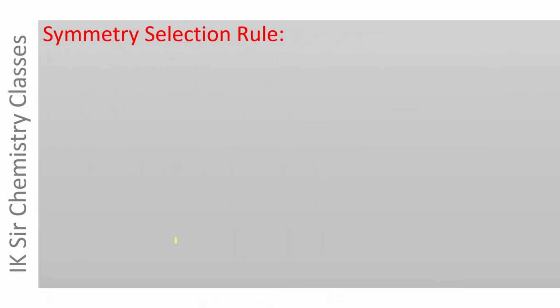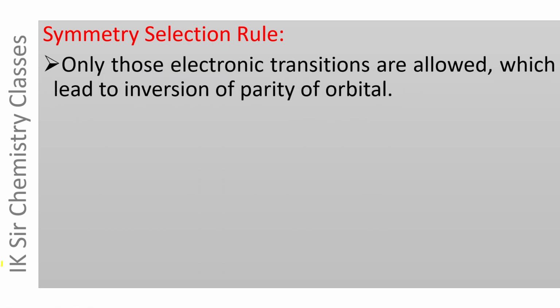And now symmetry selection rule. What is symmetry selection rule? Only those electronic transitions, that is, only those transitions between electronic energy levels are allowed which lead to inversion of parity of orbital.